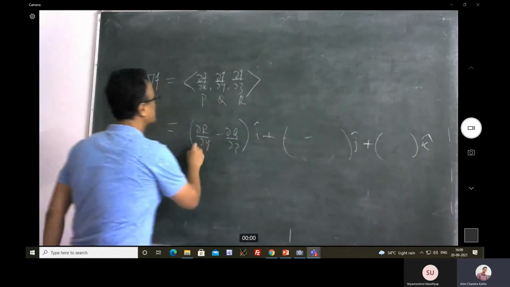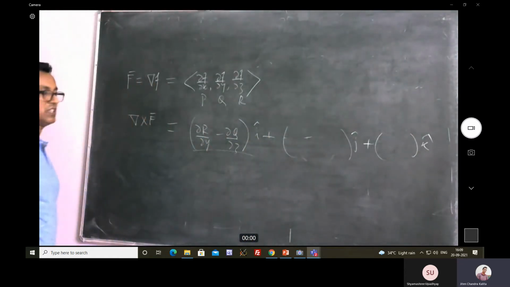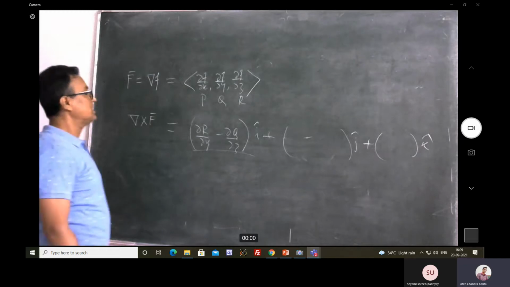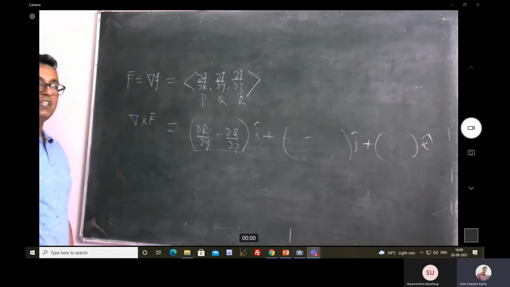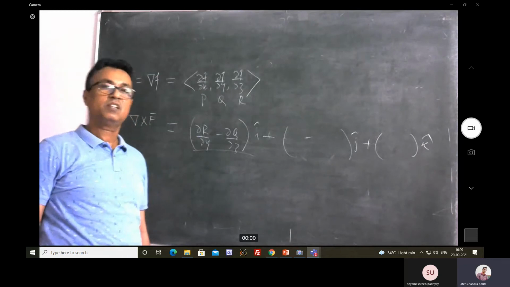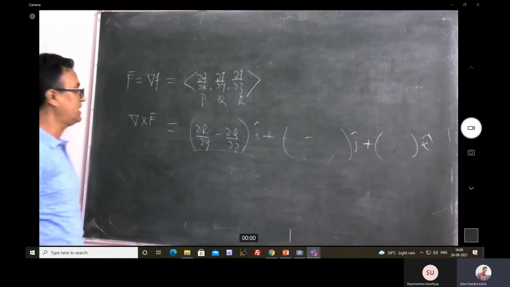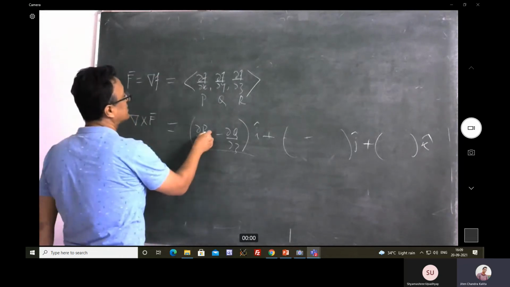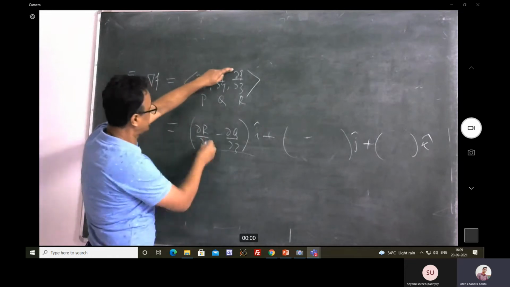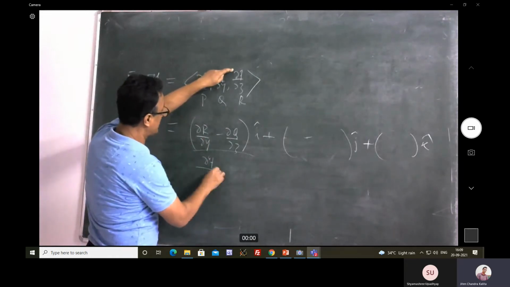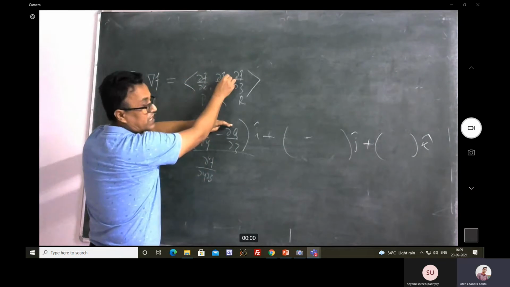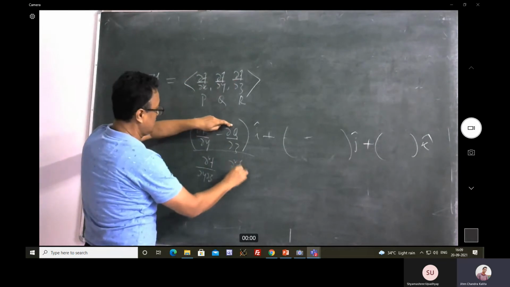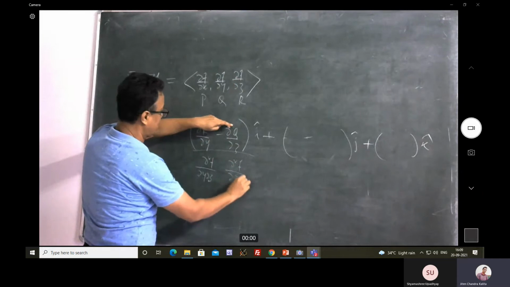Now let us look at it carefully. If I assume that this function f possesses second order continuous partial derivatives with respect to x, y, and z, then what is going to happen? R is del f/del z, so del R/del y is del 2f/del y del z, and Q is del f/del y, so del Q/del z gives you del 2f/del z del y.